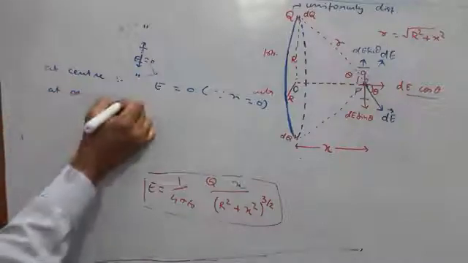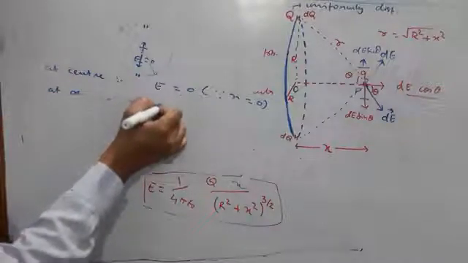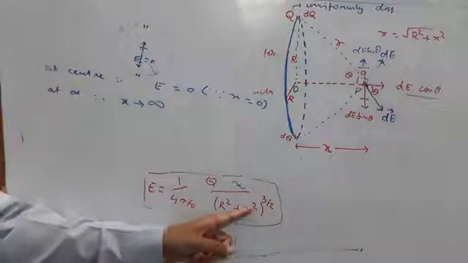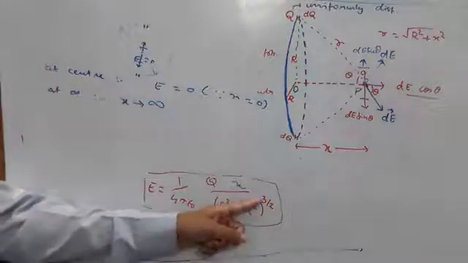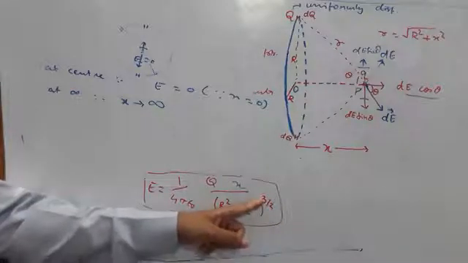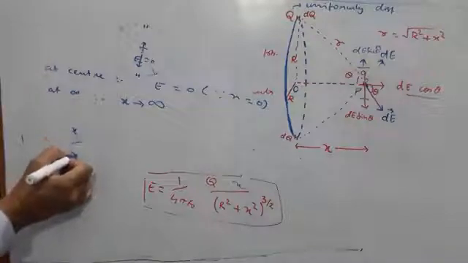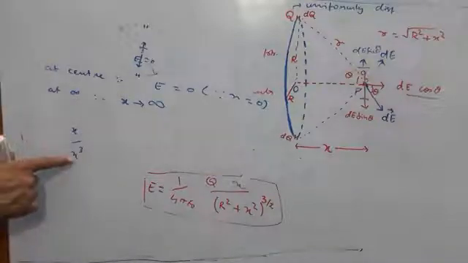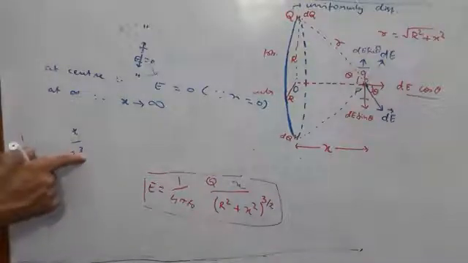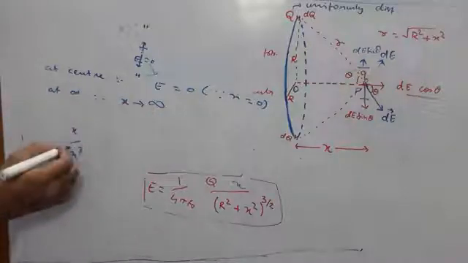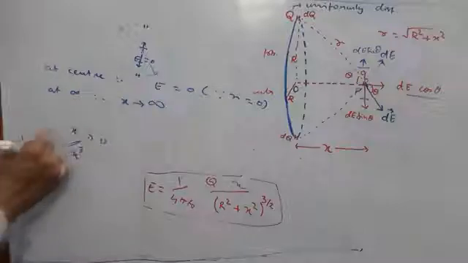When x tends to infinity, your denominator has x square term, x square to the power 3 by 2, that becomes x cube, and in numerator there is x. So you have x in numerator, x cube in denominator, so this will increase rapidly being a cube. So when x tends to infinity, this factor will tend to 0.